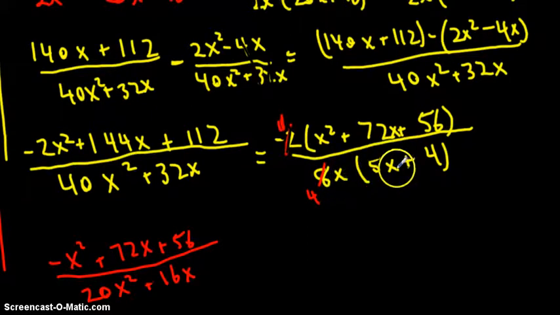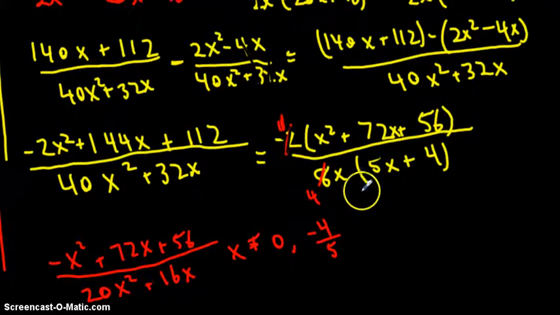And it's also undefined when this is equal to negative 4/5. Okay, so x is not equal to 0 or negative 4/5. If you plug in 0 here, this denominator will be equal to 0. If you plug in negative 4/5, this will make the denominator equal to 0.